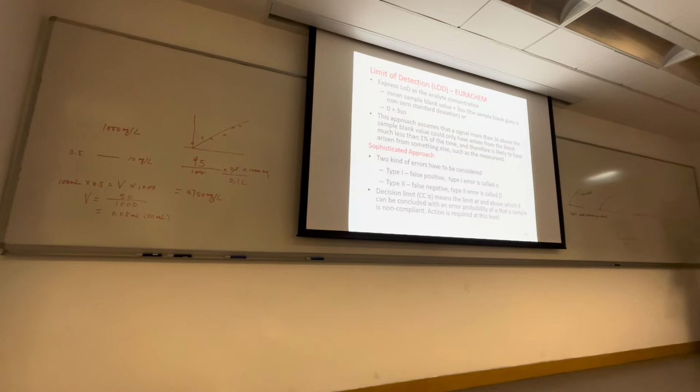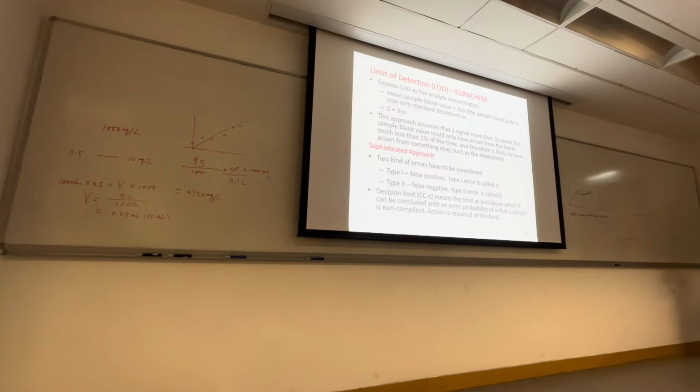Still remember how to calculate the standard deviation? Using Excel, that is the square root of the summation of (xbi minus x bar b) squared over n minus 1. That is the standard deviation, okay? It shows the variation of each point from the mean value.